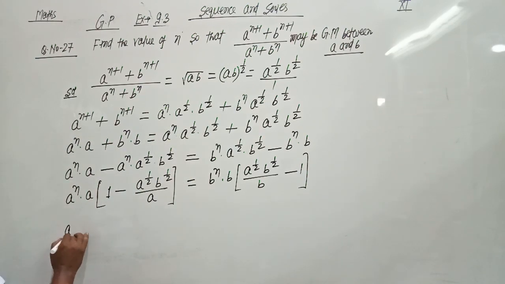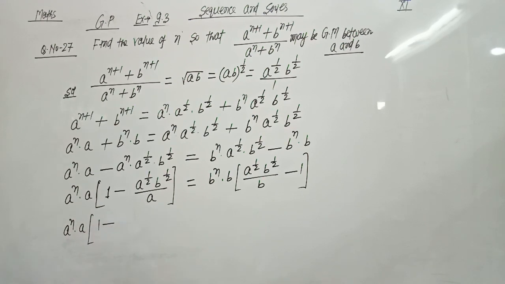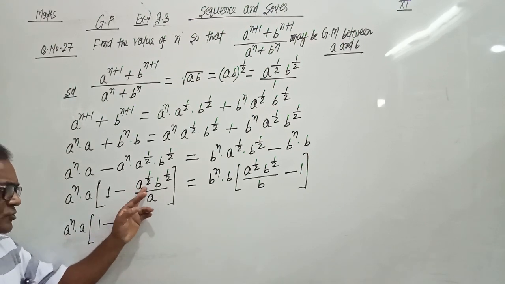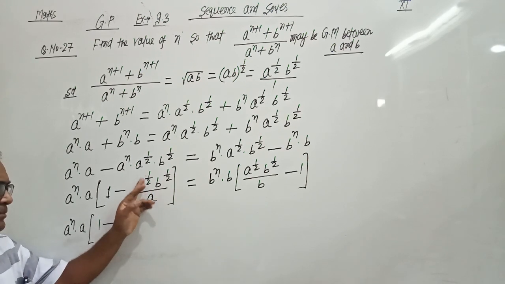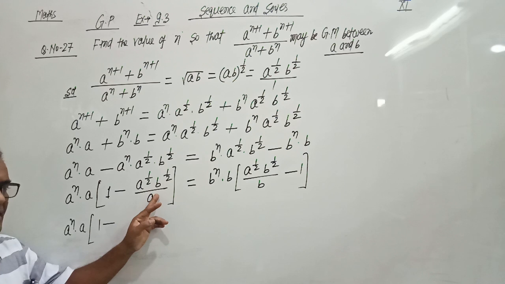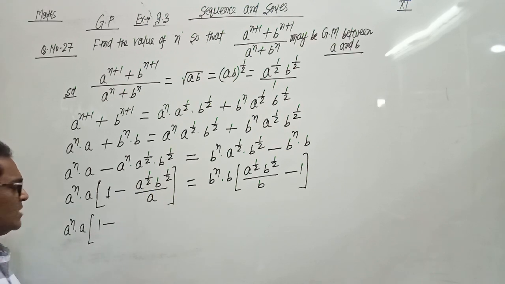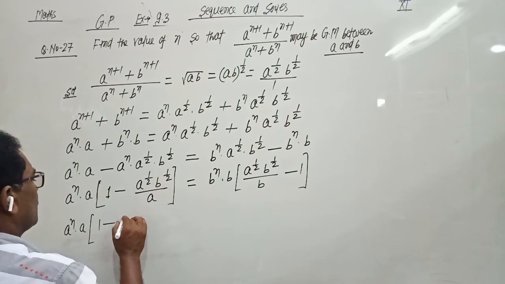Now a raised to the power n into a, 1 minus a raised to the power 1 by 2 comes at the place of denominator. So the power gets subtracted. a raised to the power 1 minus 1 by 2, we get 1 by 2.